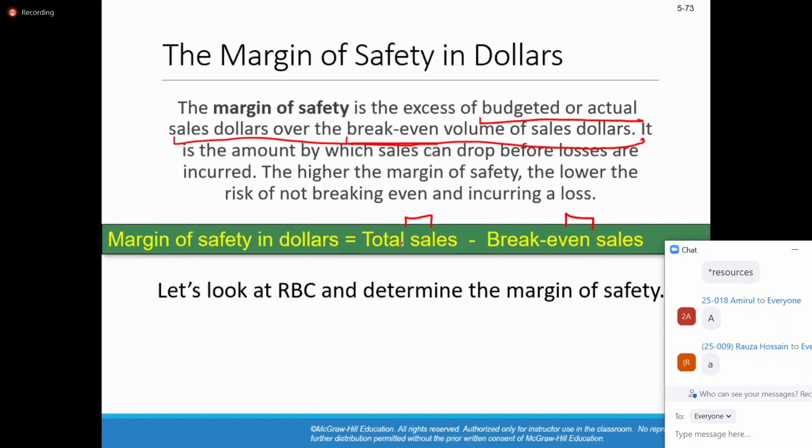So when you have a higher margin of safety, what is the idea? When you know the margin of safety, you know how much of a sales shock you can absorb. When individual A has actual sales of 30,000, he knows his break-even sales is 10,000.